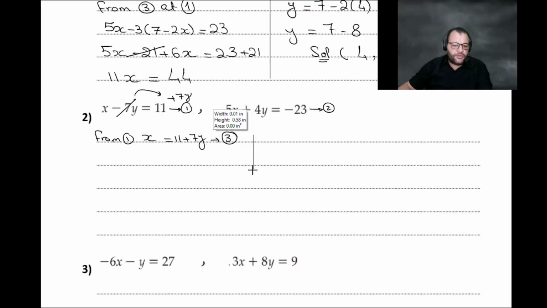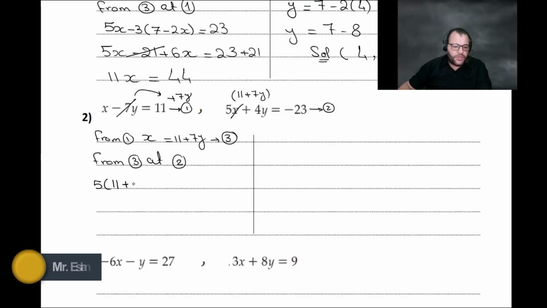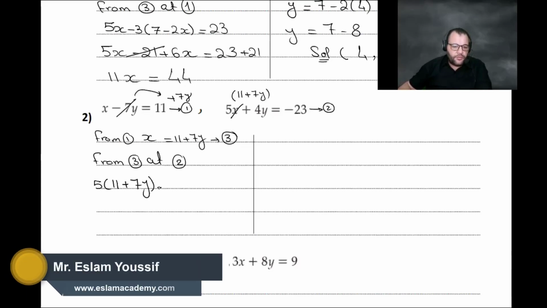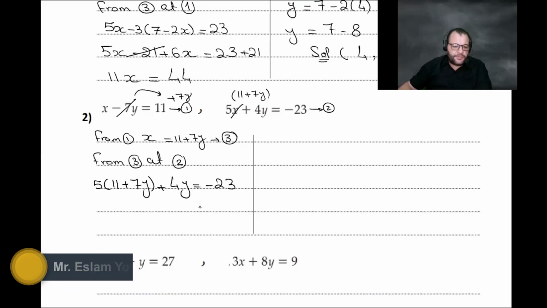So we'll use equation number 3 in which equation? In equation number 2, the equation that we didn't use. Instead of x, I will replace x here with 11 plus 7y. So now we have 5 times (11 plus 7y) plus 4y equals negative 23.